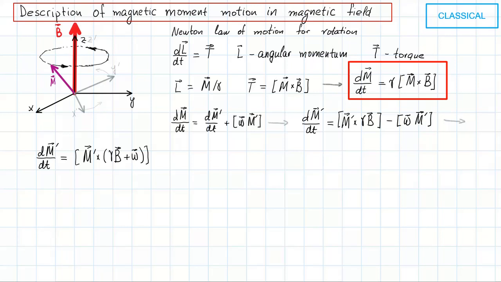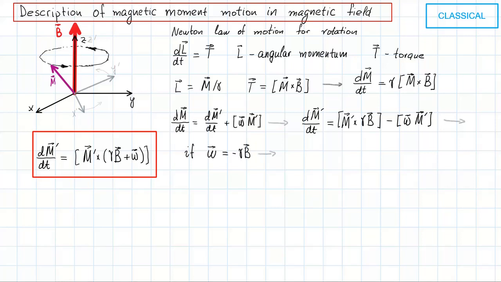The only difference here is that the magnetic field B is replaced with the sum of magnetic field B and omega divided by gamma. Now, if we choose the angular velocity omega of the rotating frame equal to minus gamma B, then we'll come to an interesting result.